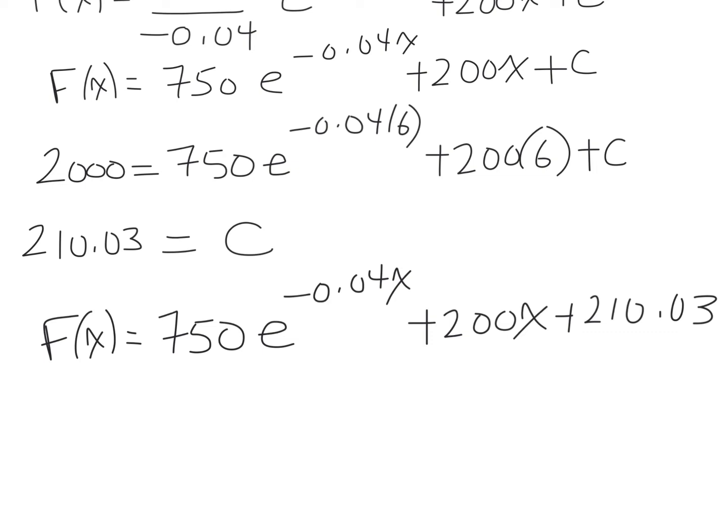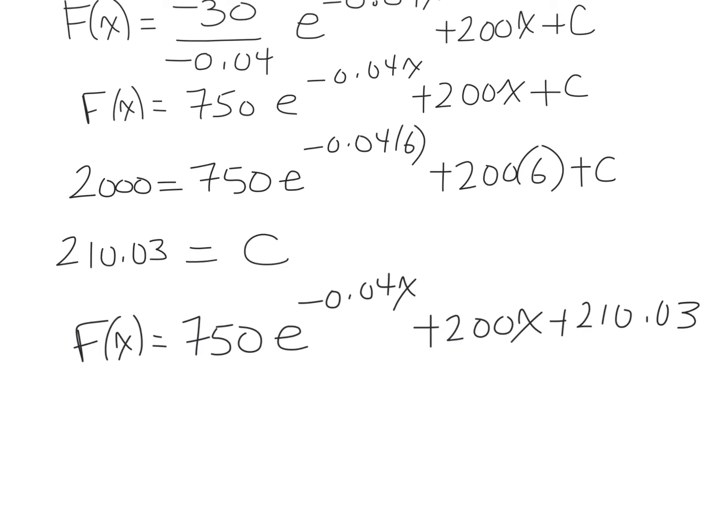And now we're able to use it if we were given another part where we said find the cost at a certain number of x. Okay, I got it wrong. Did you remember that it's negative 0.04?